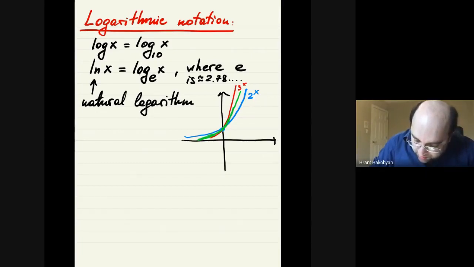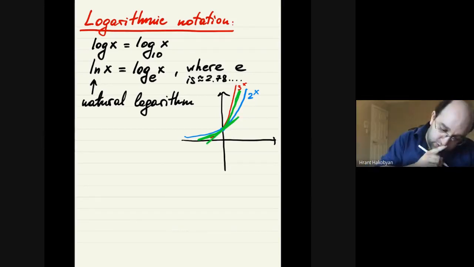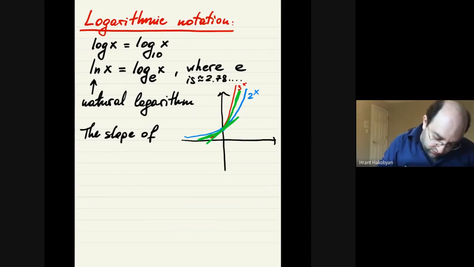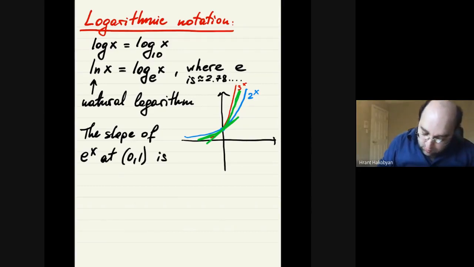It has the property that if you now look at the tangent line at this point, then the slope is equal to 1. So the slope of the tangent line at 0 is equal to 1. So let me just write that down: the slope of e to the x at the point (0, 1) is equal to 1.